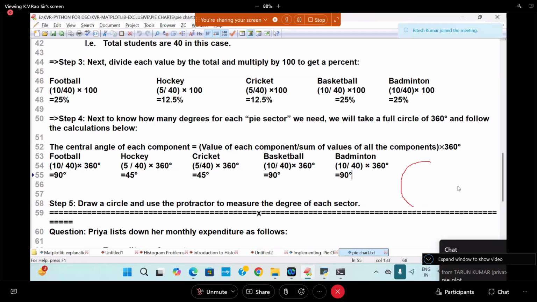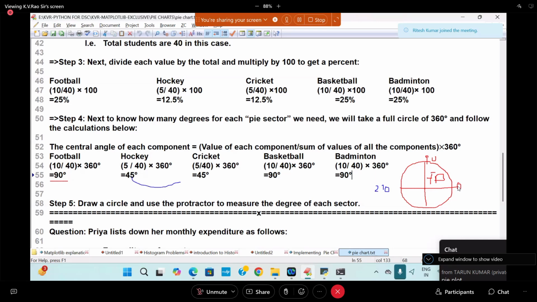So if you draw the pie chart, what will it look like? This is my pie chart circle, and this is my diagram. This is 0 to 90. What is this area called? Football. Easy. Pie chart is dead easy. Next is hockey, then cricket.